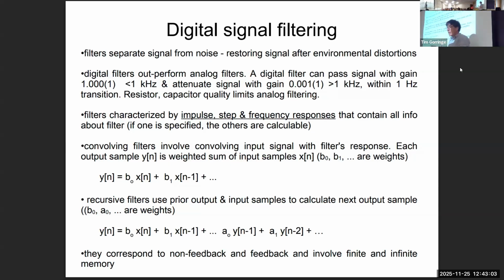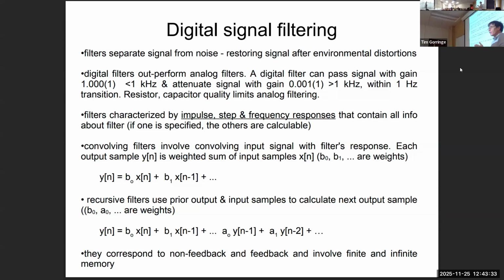So this says that the nth sample of the output of the convolving filter, y[n], is some superposition or some sum of the input x[n], so at the same instant in time, the previous input, so that's x[n-1], the previous input to that, x[n-2], and so on and so forth.